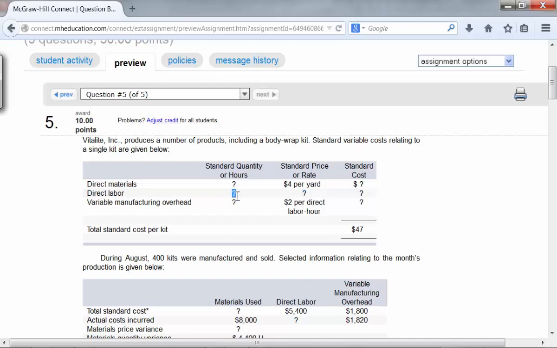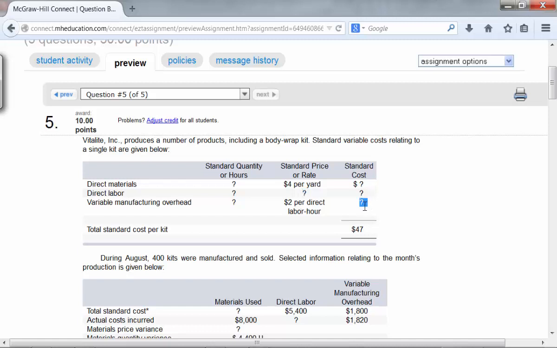To find this number, just realize it's the same as this one, because labor drives overhead. We can find this one right here, this bottom one, right? Because we know what this is, and we know that's 2 here, so just take this divided by 2, that gives you this, which gives you this, and then take 13.5 divided by this right here. Divide by this, and you'll have your standard labor rate per hour.